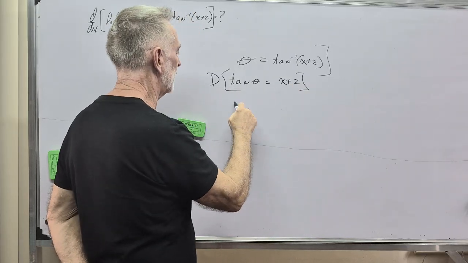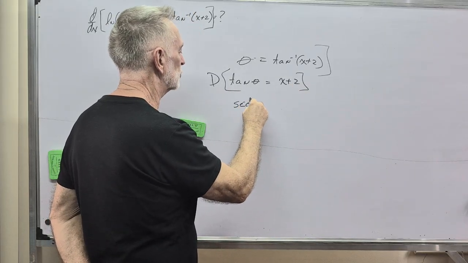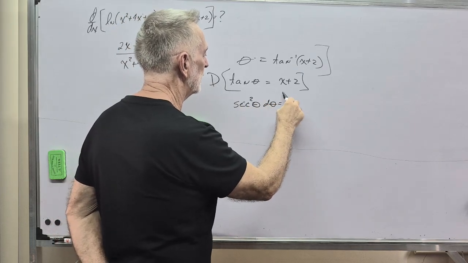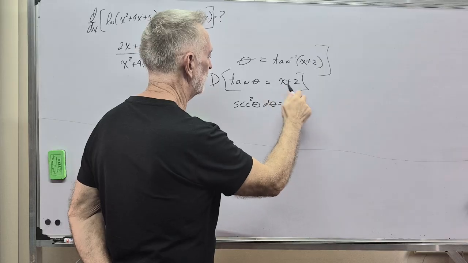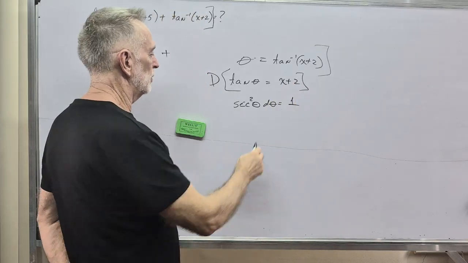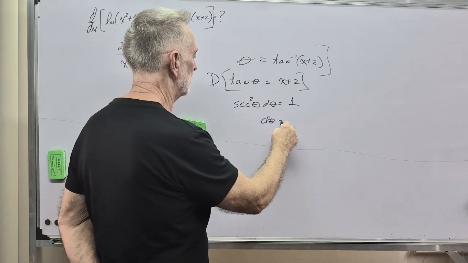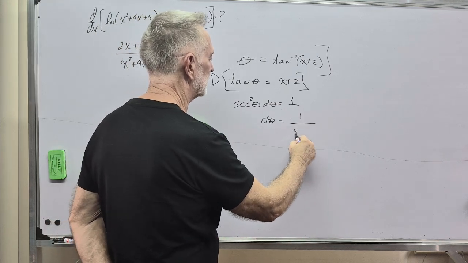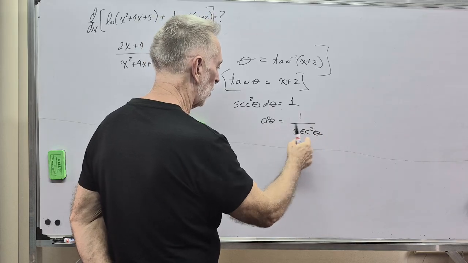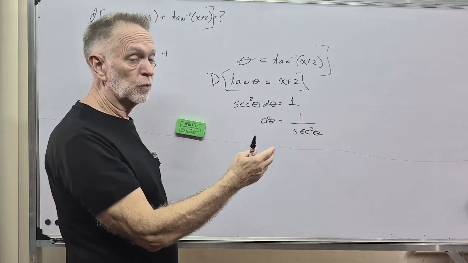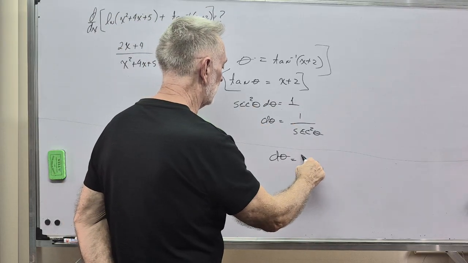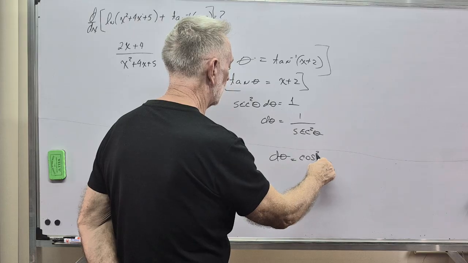The derivative of tangent is secant squared theta d theta, chain rule, and that equals the derivative of x, which is 1, and the derivative of a constant is 0. So to solve for d theta, that equals 1 over secant squared theta, and 1 over secant squared is what? Cosine squared. So d theta equals cosine squared theta.